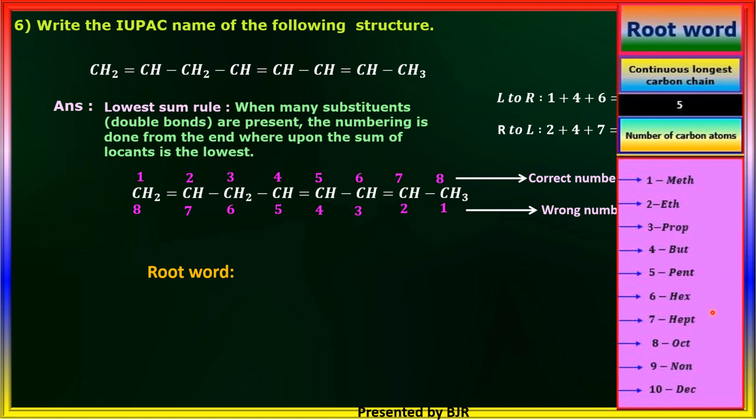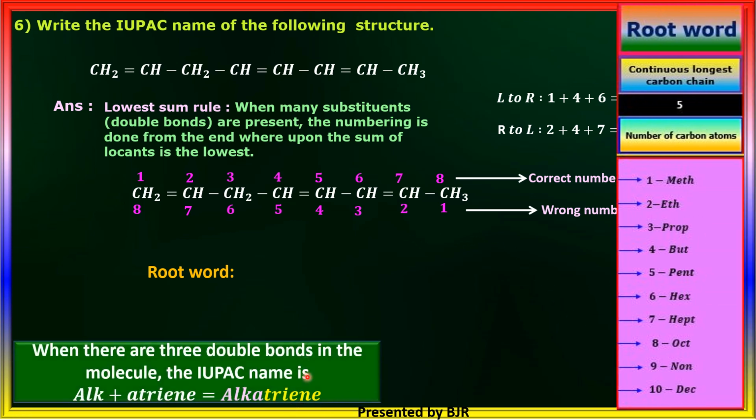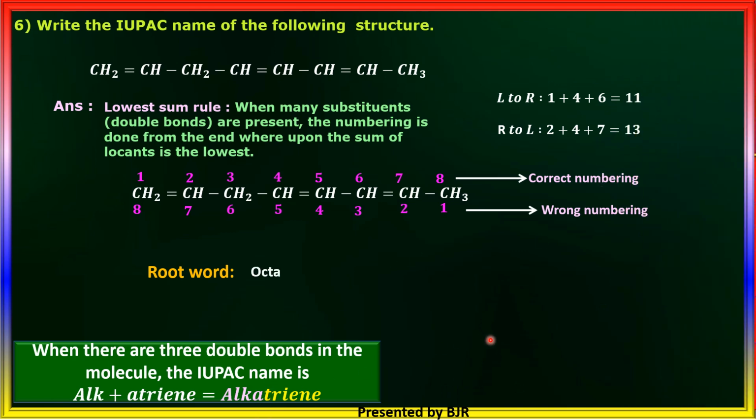Now the root word: how many carbon atoms are there in it? 8. So you have to use octa. Since 3 double bonds are there, the IUPAC name of alkenes containing 3 double bonds is alka-triene, so we have to add a to the root word: octa.